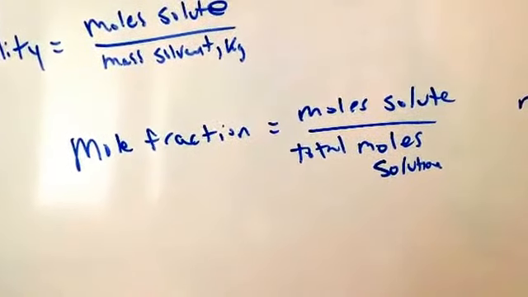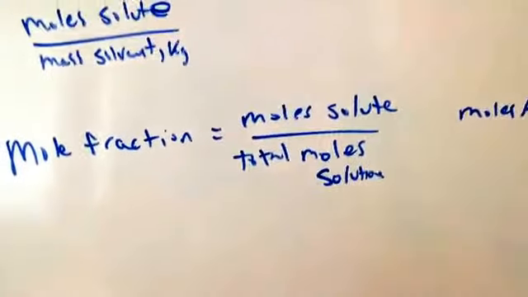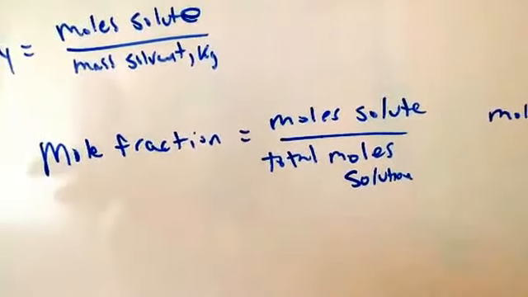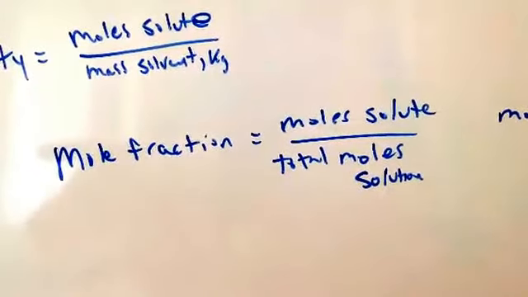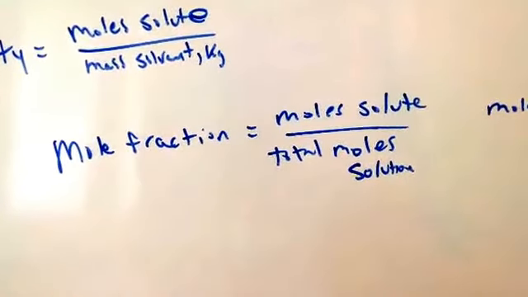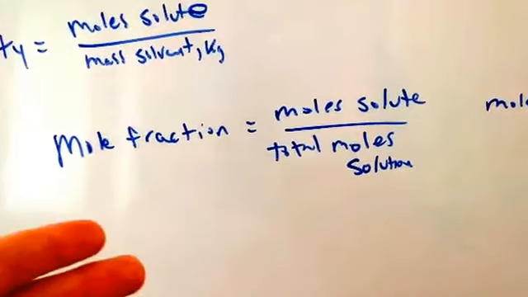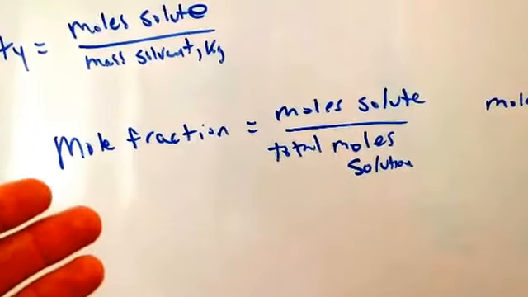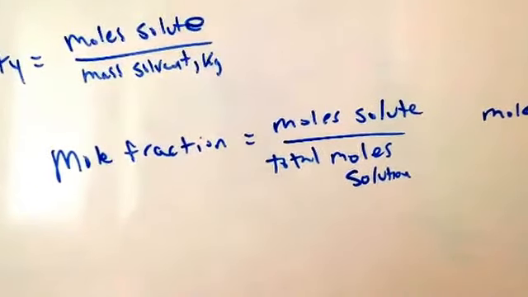So for a mole fraction of any solution, if the ratio of moles of solute to the total number of moles is very small, it's a very dilute solution. We have very little of that solute. If it's very large, closer to 1, we have a very concentrated solution. We have a lot of that solute. Effectively, if the mole fraction is very large, we're talking about the solvent.